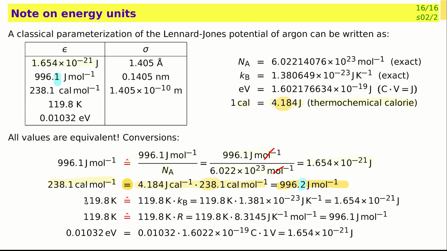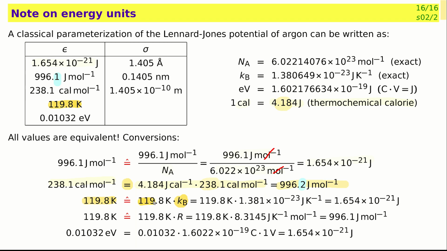But what about the temperature here? It's interpreted in such a way that I need a conversion factor between energy units and temperature. And this is the Boltzmann constant by definition. Of course, to write this is lazy. In fact, one should write that epsilon divided by the Boltzmann constant equals this value.